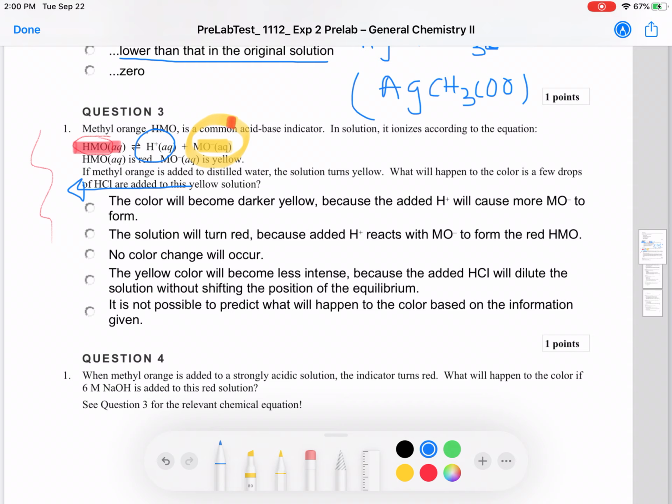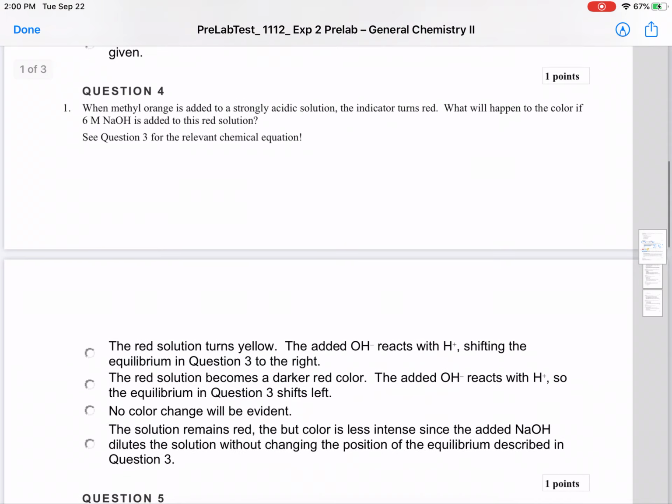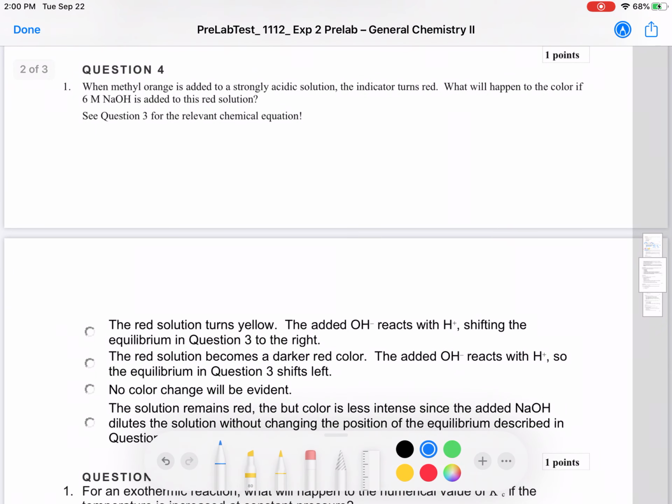Okay, now the third one, we did the third one. So the fourth one: when methyl orange is added to a strongly acidic solution, the indicator turns red. What will happen to the color if 6 molar sodium hydroxide is added to this red solution?